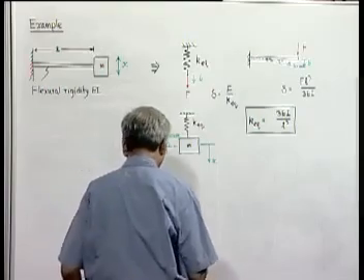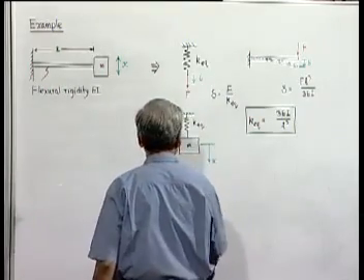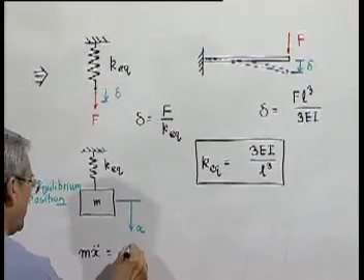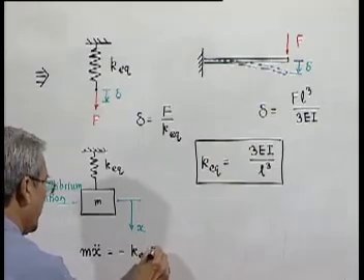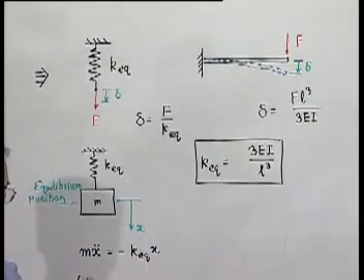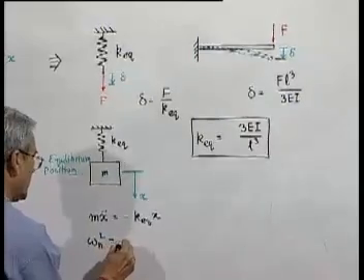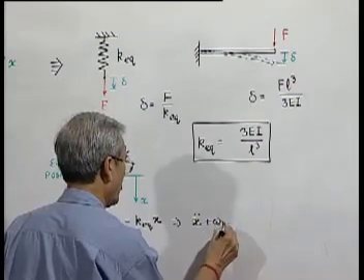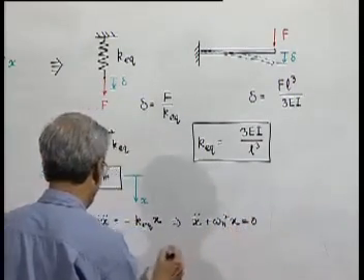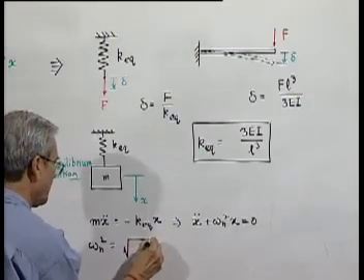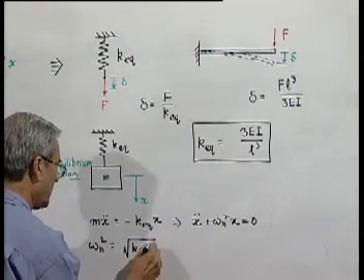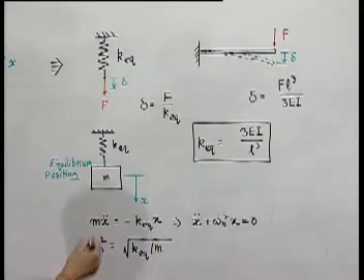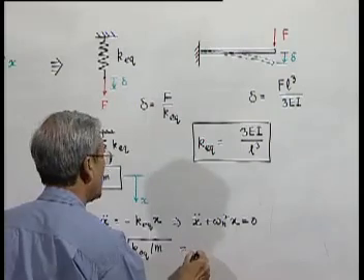And what is the equation of motion? We all remember it, that m x double dot is equal to minus K equivalent x, or x double dot plus omega n square x equal to 0, where omega n is the square root of K equivalent by m. Now K equivalent we have already found out.